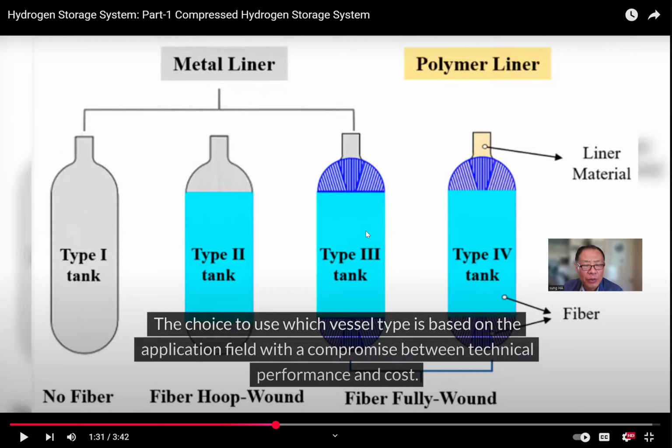Type 3, we are winding not just the cylinder part, but also this dome part as well. So this is type 3, and this is certainly lighter than type 2 and type 1.